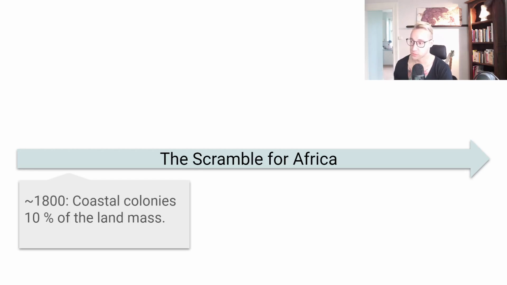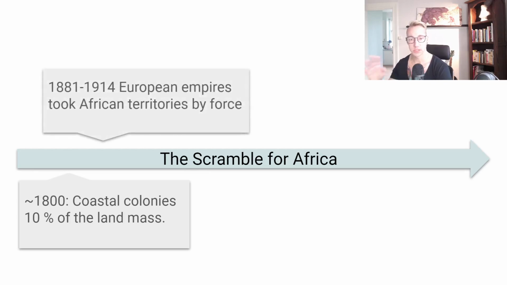As I told you just a few minutes ago, around the 1800s, about 10% of the African landmass was colonized by European countries. Eventually, sometime around 1881 to 1914, there was a rush by European empires to Africa to claim parts of the African continent for their own.